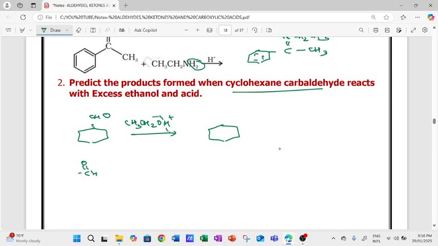When this C double bond O breaks, oxygen is getting a negative charge. So we get carbon with a positive charge and oxygen with a negative charge. So H will go to oxygen and this OCH2CH3 will go to carbon.